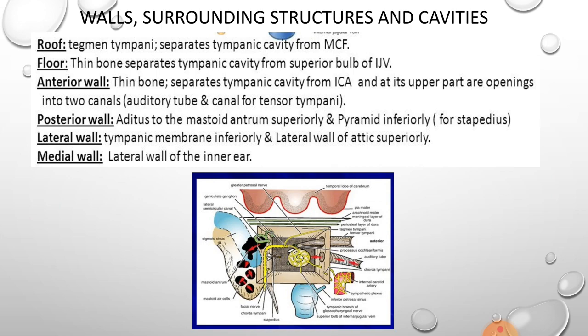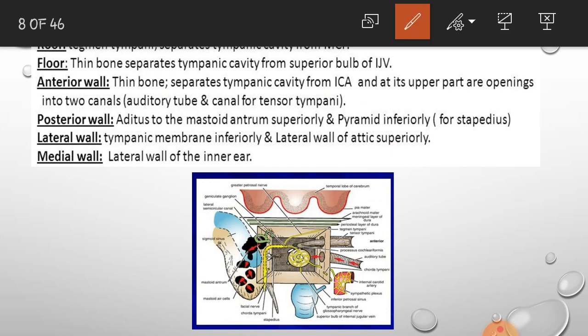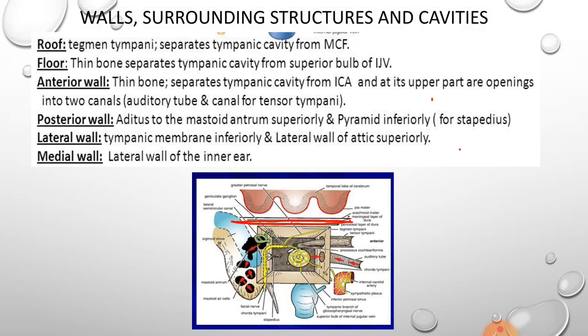First of all, let's see where the roof is. The roof is formed here. This is the tegmen tympani.